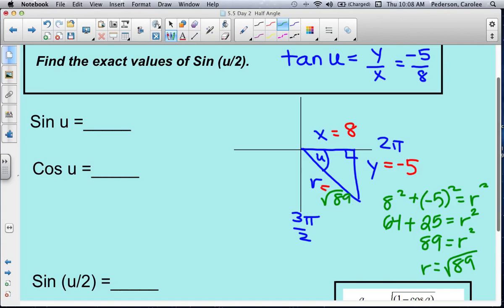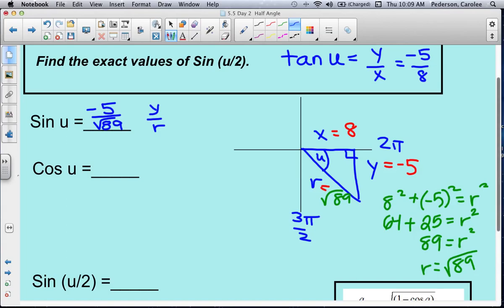Now my recommendation, before you go out and do the half angle, go strictly to that right triangle and find the sine and the cosine. So how do you find the sine of that triangle? Sine is opposite over the hypotenuse, or y over r. So y is 5 and r is square root of 89.